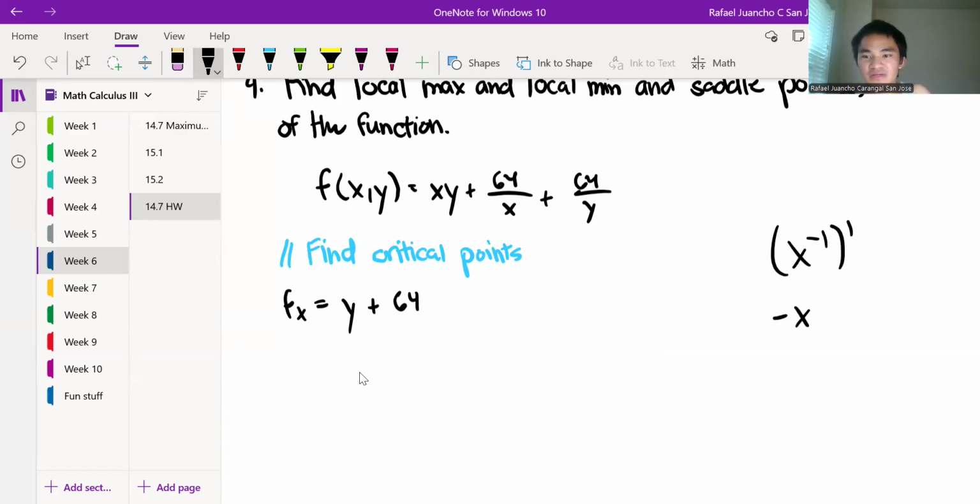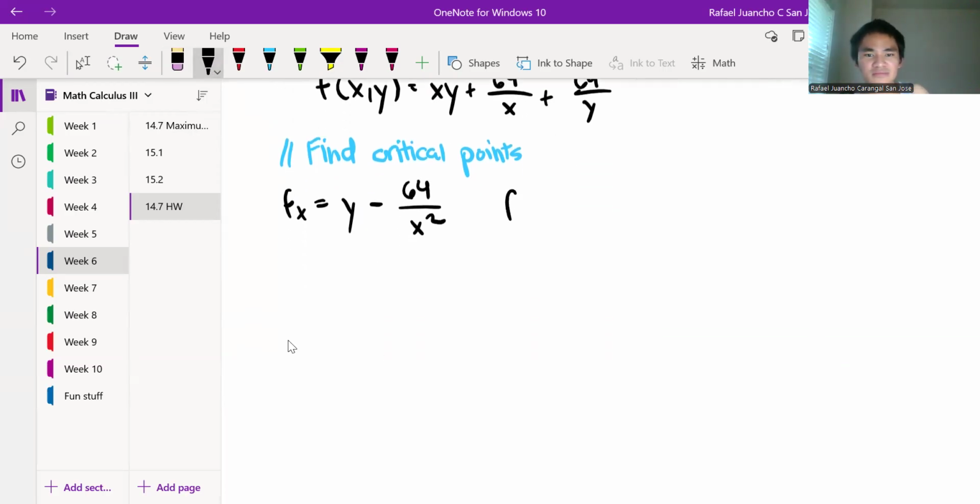So I do negative x to the minus 2. So I have negative 1 over x squared, right? And if I multiply, I have minus 64 over x squared. And then that's just 0, 64 over y, done, right?